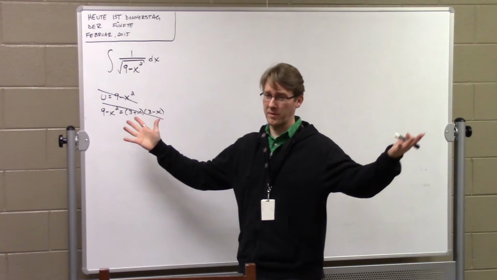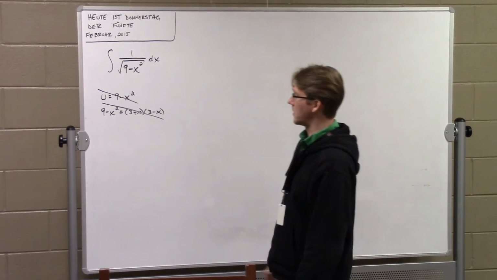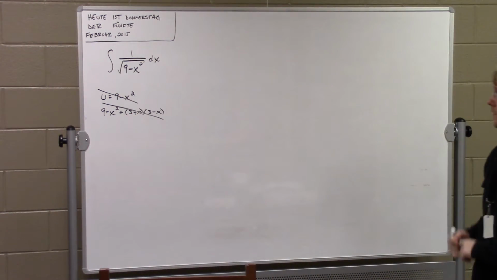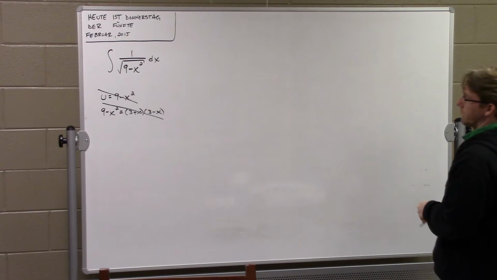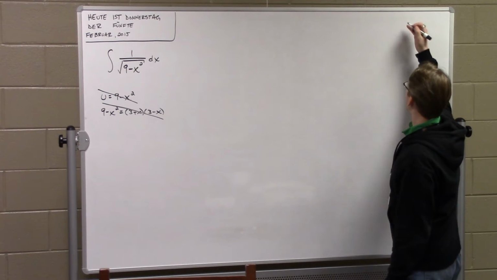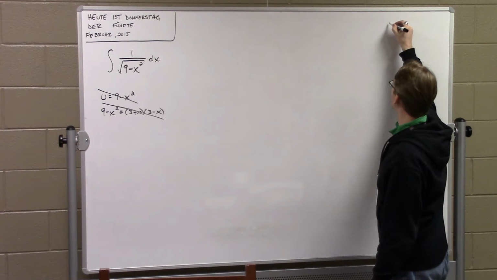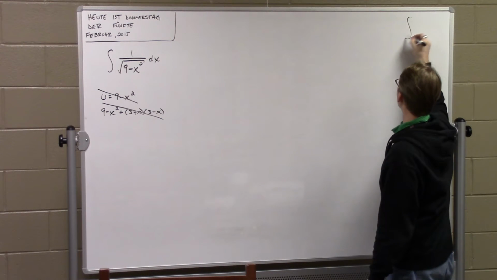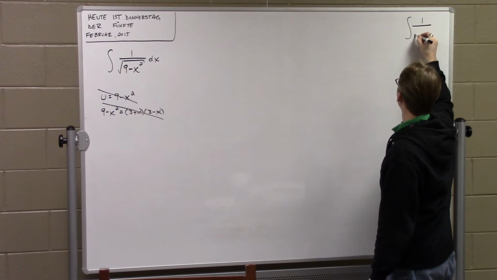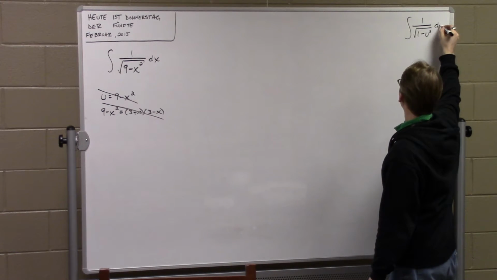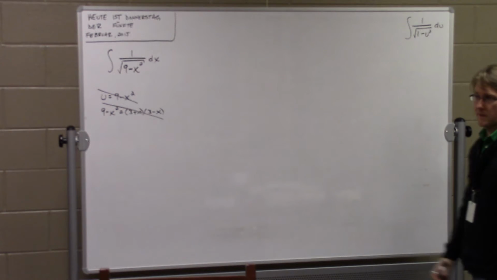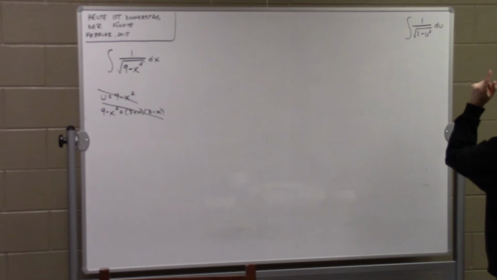Clearly not exponential, there's nothing in this problem that screams exponential at all. Could be power, but too much we can't really use up to get to power. Arcsine. So here's what we're shooting for. That's arcsine, so we have to turn that into that.